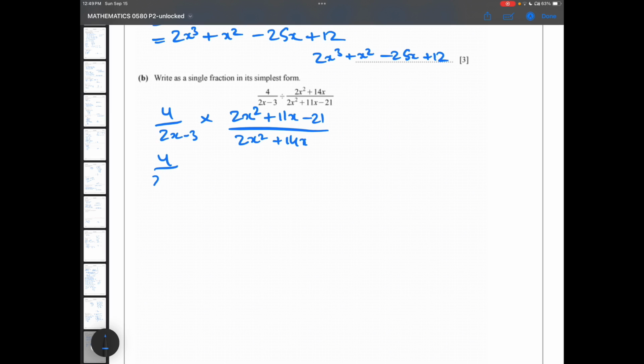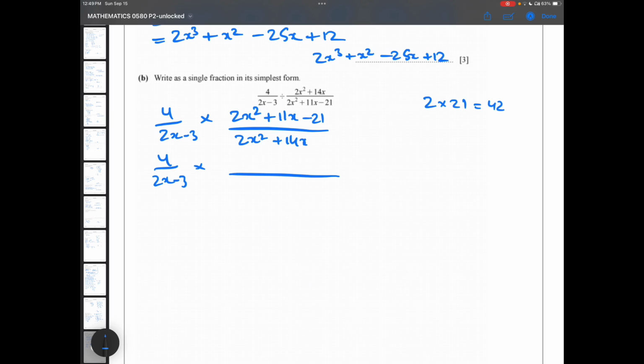Now I will do factorization in the second fraction, 2x squared plus 11x minus 21. So we can break the middle term over here, that is 11x. In order to break the middle term, I multiply the coefficient of x squared, that is 2, with 21. I get 42. Now we need to find a factor pair of 42 such that if we add or subtract it, we get 11. 42 comes in the table of 2.